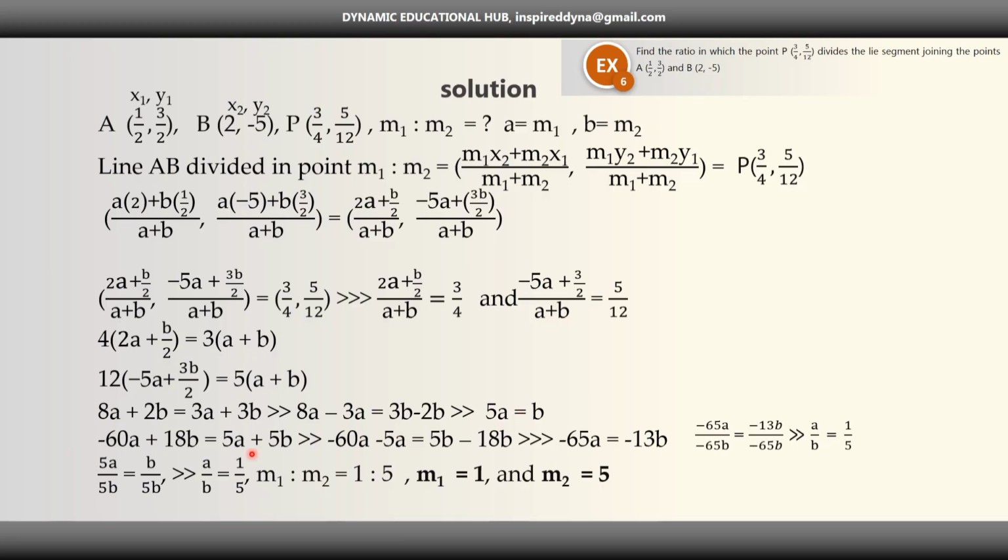So that is what I've done here. 5 will cancel 5, you are left with A over B. B will cancel B, you are left with 1 over 5. So m1 ratio m2 will give you 1 ratio 5, and that is m1 is 1 and m2 is 5.